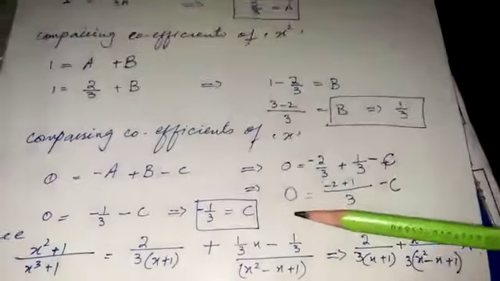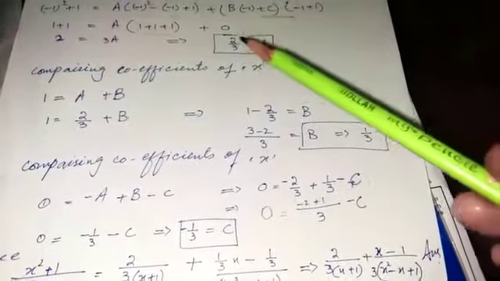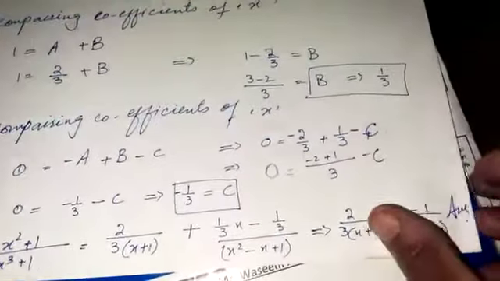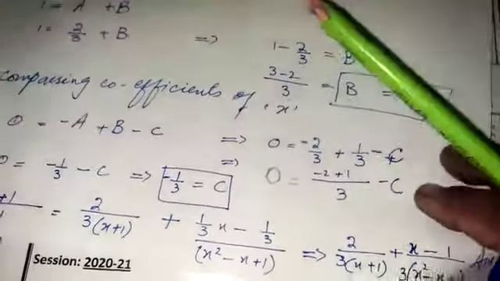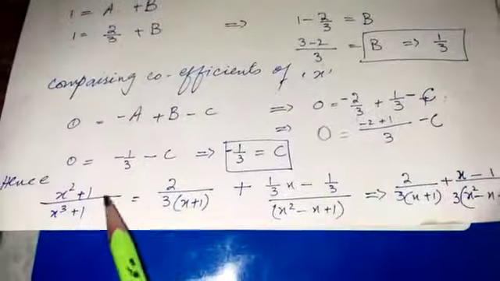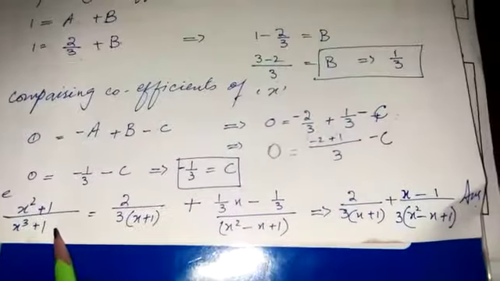Now all the values are 2 by 3, 1 by 3, and c. We will put the values of A, B and C and get x square plus 1 over x cube plus 1. This is the actual fraction.